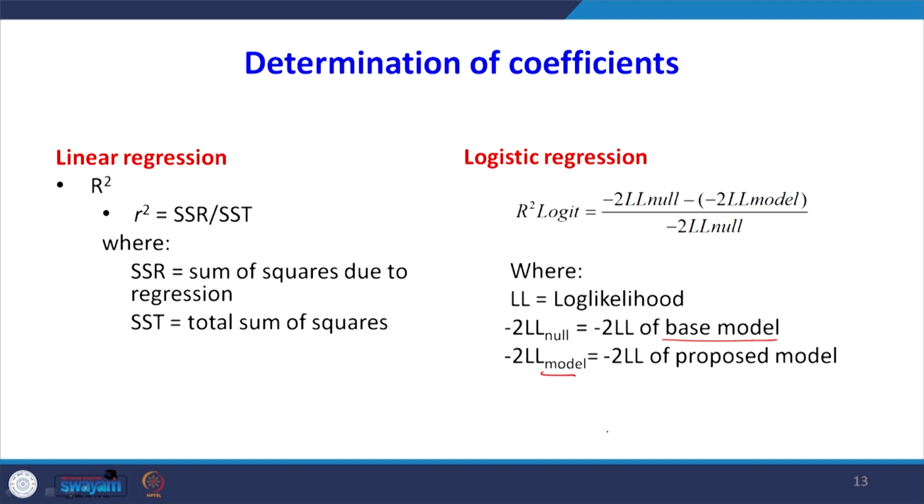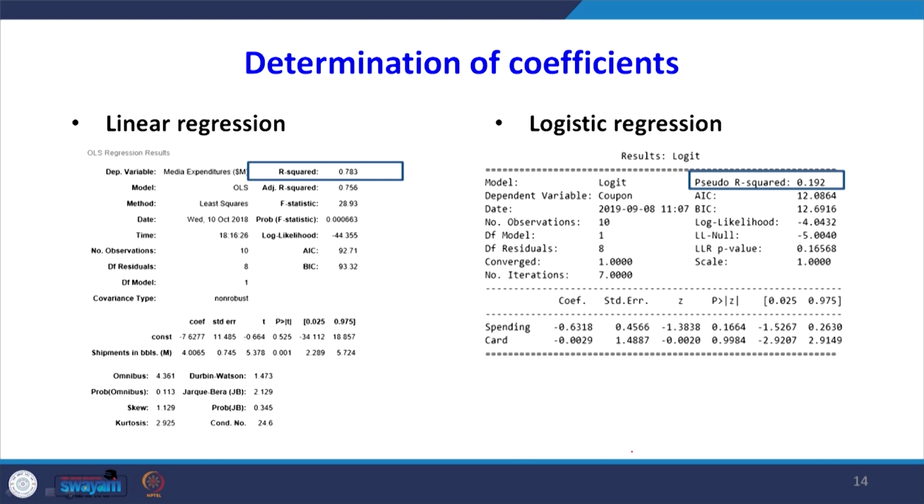When you bring a new independent variable into the logistic regression model, the corresponding log likelihood value is called the model value for log likelihood. I have run this previously. See here, R square 0.783, here it is pseudo R square.